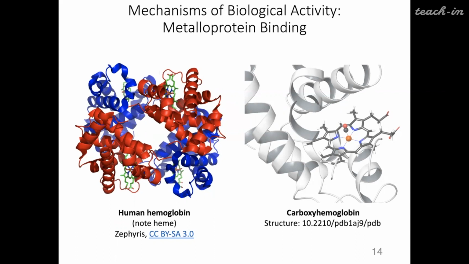Basically, carbon monoxide binds to the iron atom strongly, and it prevents oxygen binding to this fragment, to iron. This is the basis for the toxic effect.